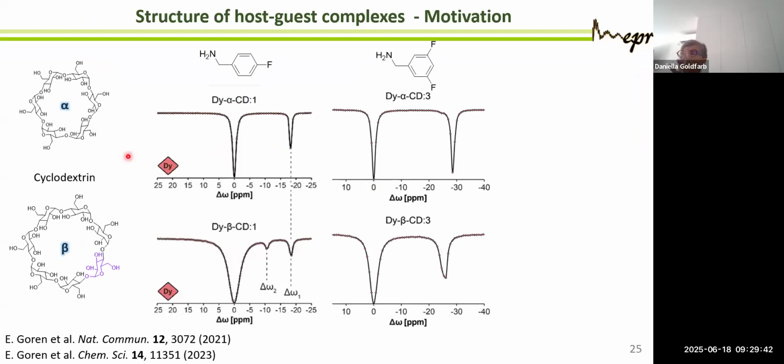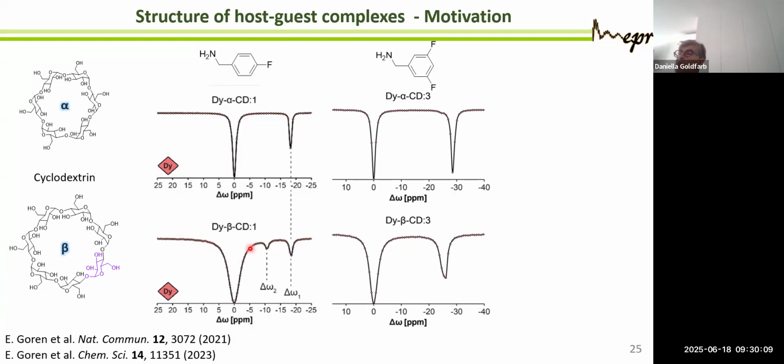I really don't want to explain this method now. I don't have time. But they put dysprosium in this bottom chelate, and they see that for the alpha cyclodextrin, this is the fluorine around, but this is the fluorine that is in the cage, and it's shifted. And you see it also for this one.